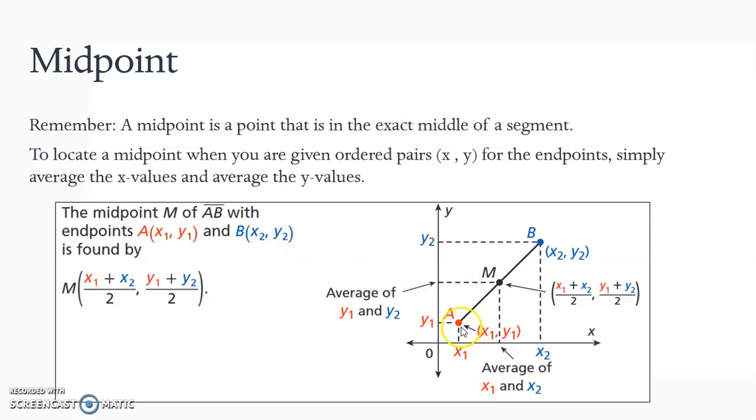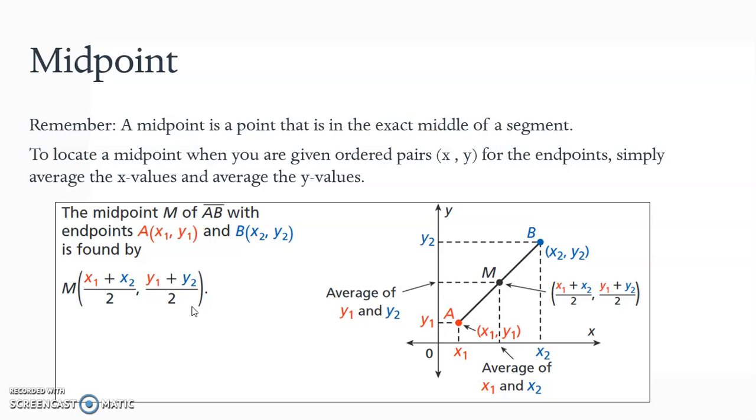Notice point A here is at x, y, and point B is at x2, y2. So you just add the two x values and divide by 2. You add the two y values and divide by 2. It's an average, okay? This is the technical formula for a midpoint. Now remember, a midpoint is a point, so your answer is going to be an ordered pair.